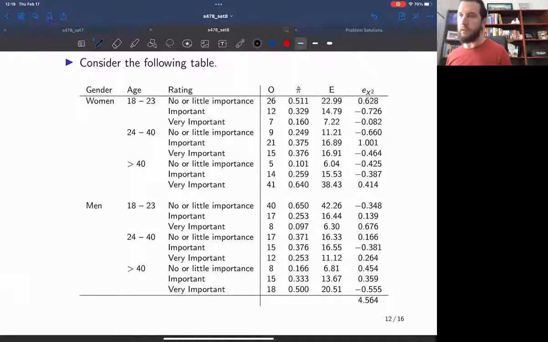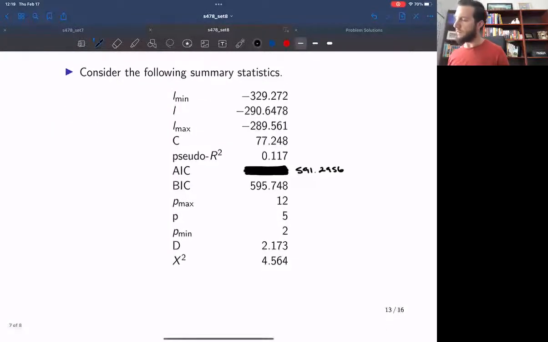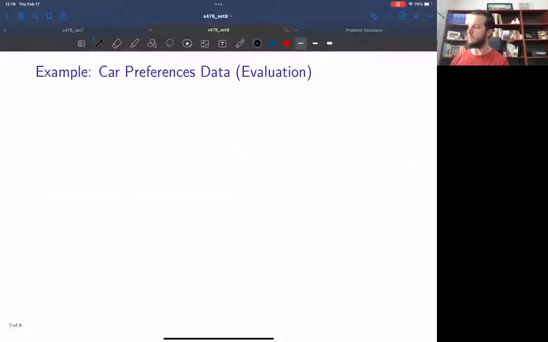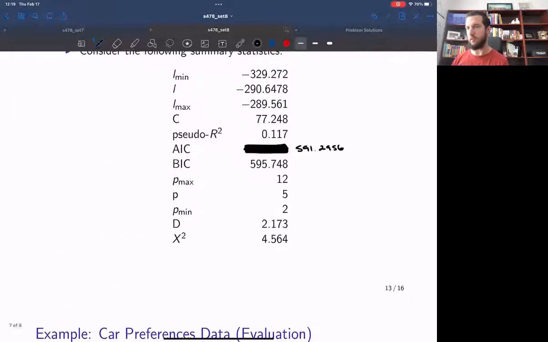If we sum the squares of those values together, we should come up with 4.564. On the next slide, I give the same kind of output that we had before. Everything is defined in the same way, and the values are extremely similar. These two models give pretty much the exact same fit based off the data, so we can run the same inferential procedures we discussed before.